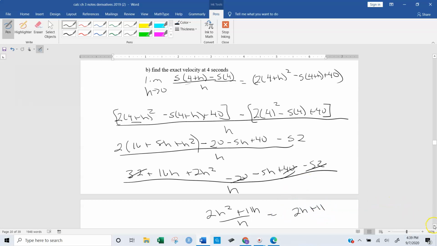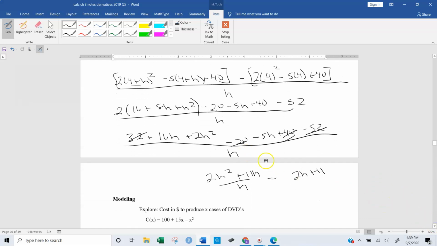Now we're doing the limit as h approaches 0. So this is going to cancel out. And your answer is 11 feet per second.